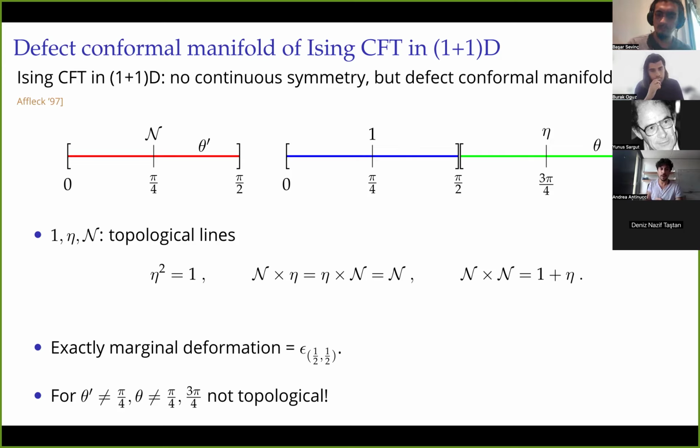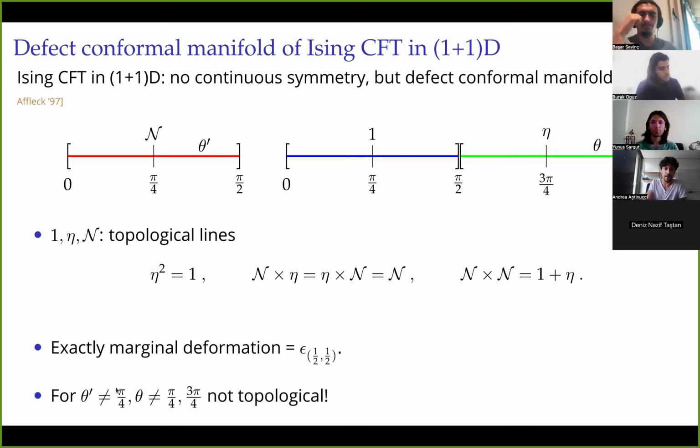The only global symmetries of this theory are generated by the so-called topological defect lines, and there are three of them. One is the trivial line, there is a Z2 line called eta, and the so-called Kramers-Wannier duality line, which is a non-invertible line, and they satisfy these fusion rules. But there is no continuous symmetry.